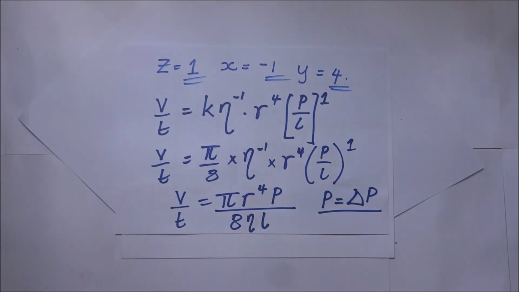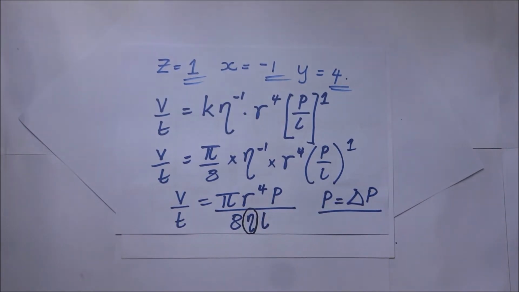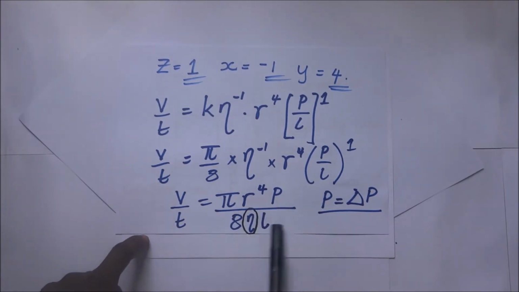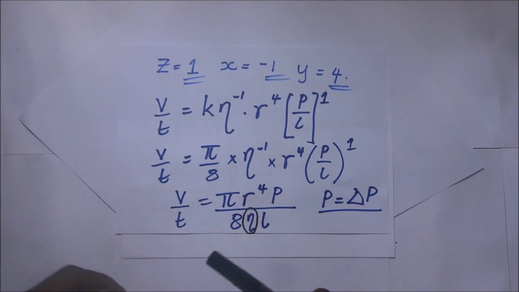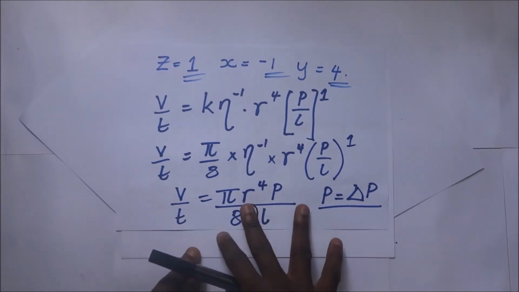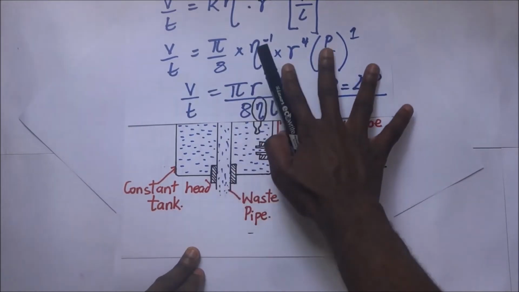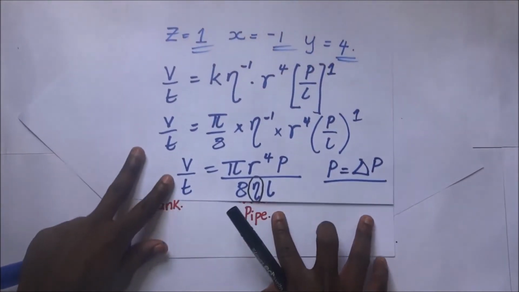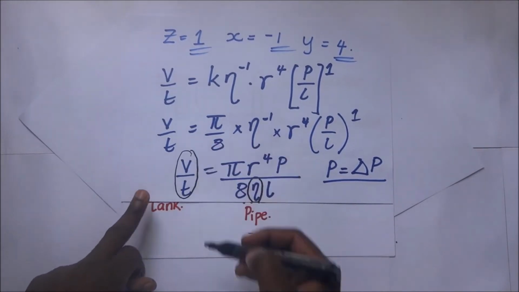Now, what we want here is to find the coefficient of viscosity using this formula. In this experiment, we are supposed to find the volume flow rate using that apparatus.